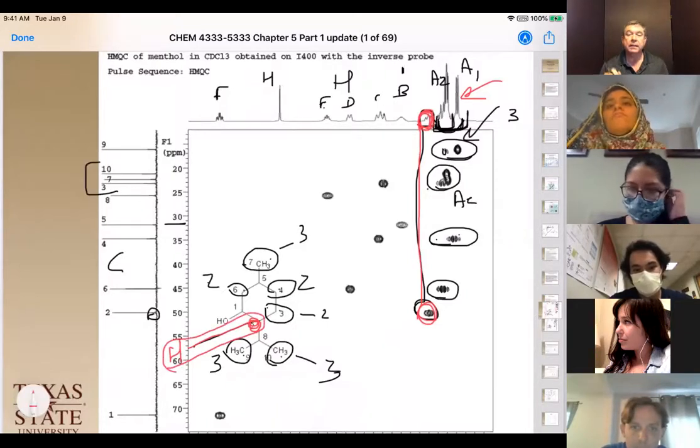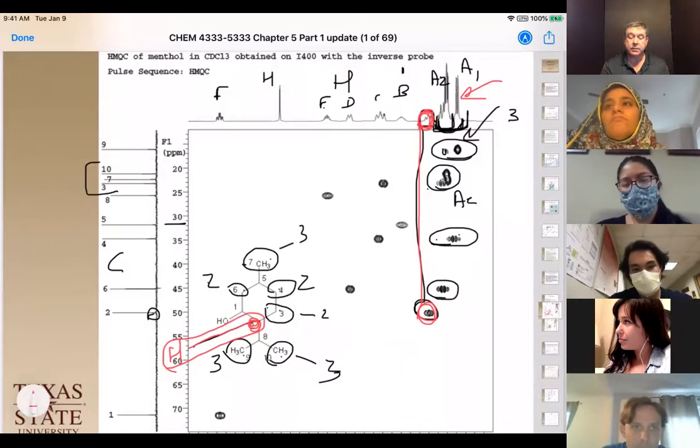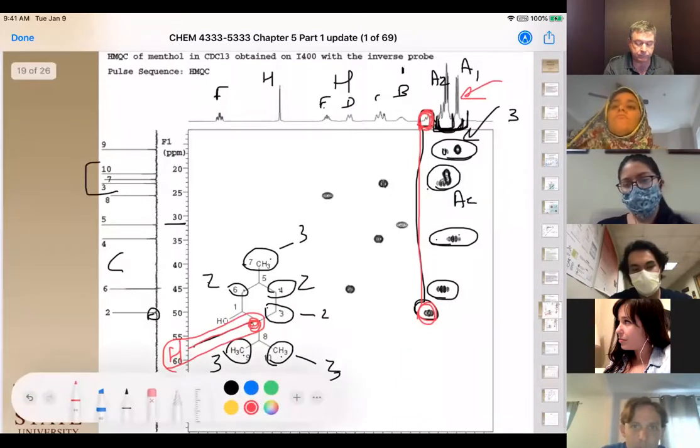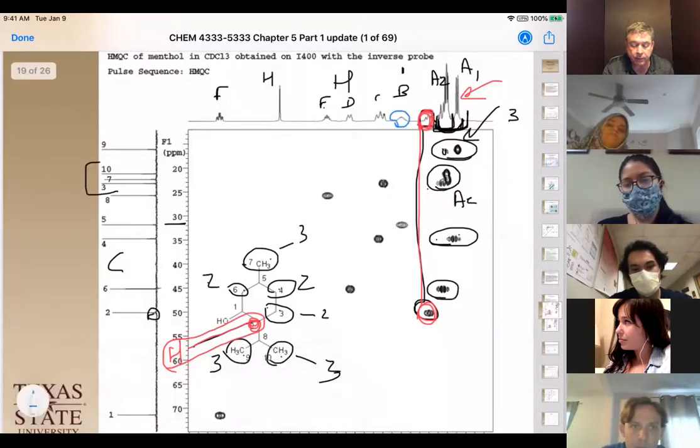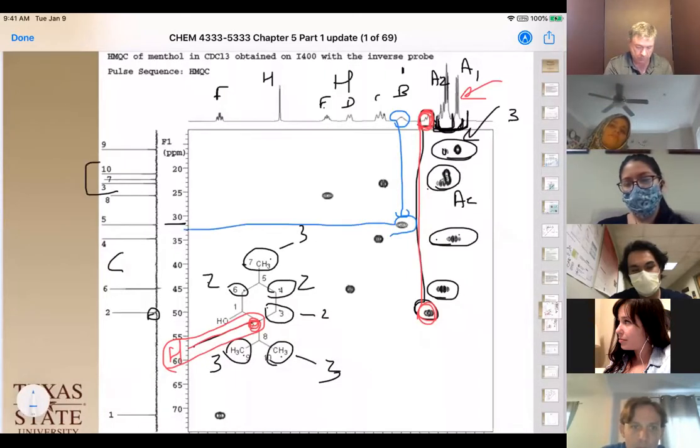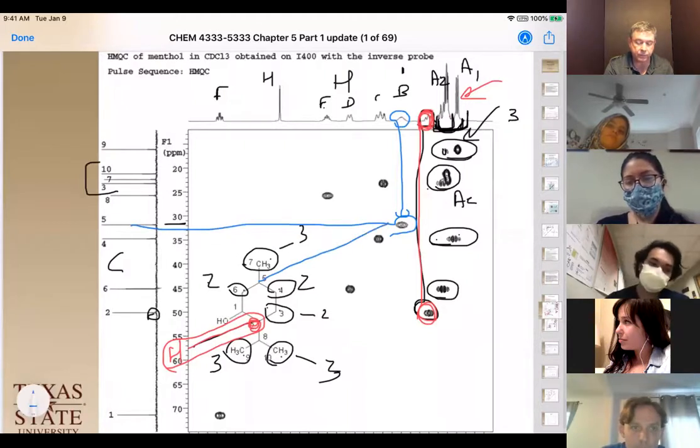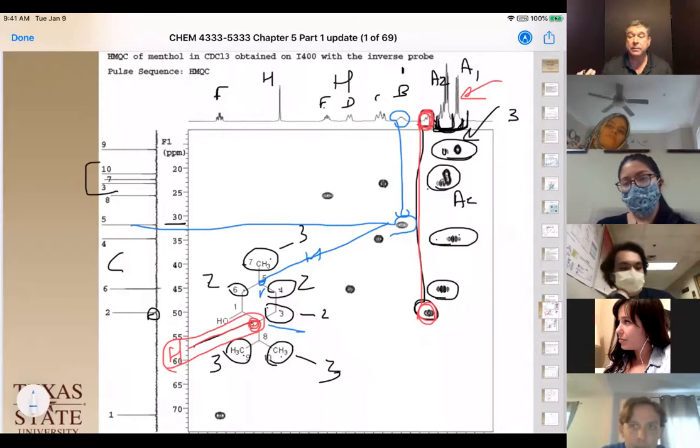And we have completely isolated it from the rest of the system. Just like B here is only correlated with carbon number 5. So that's this one right here. This 1 proton is now uniquely identified.